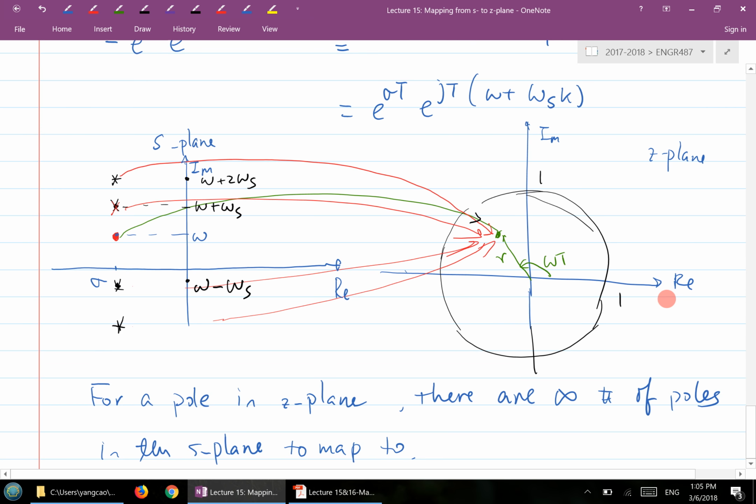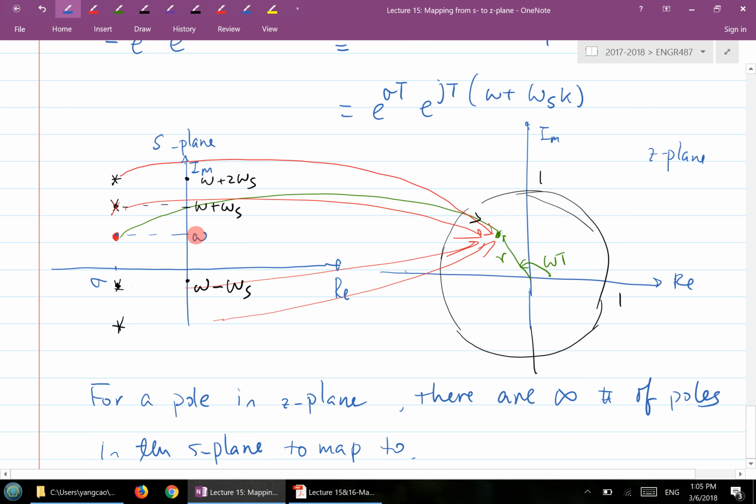If I have a pole in the Z plane, I can have an infinite number of poles in the S plane mapping to it. Of course, if you have one pole in the S plane, that maps to one location in the Z plane, but not the other way around, essentially.